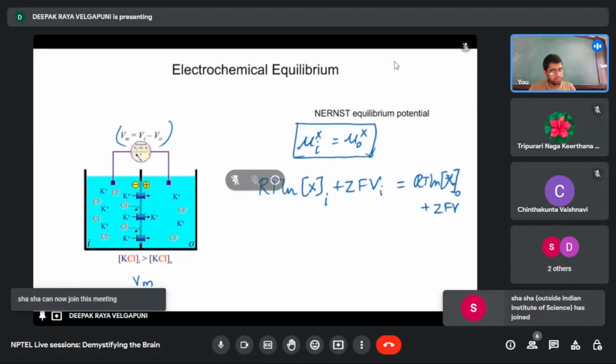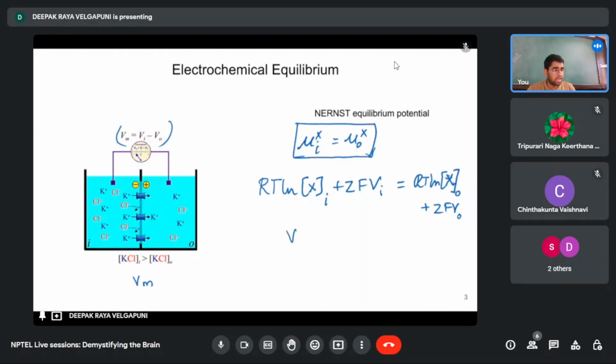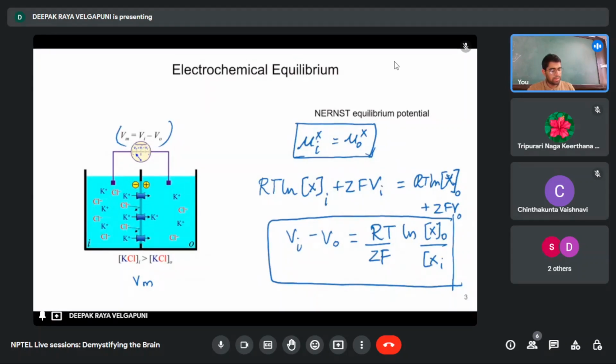Now let's do some algebraic manipulation and bring this to this side. This results in Vi minus Vo equals RT by ZF log of Xo by Xi. This is how we get the Nernst potential.